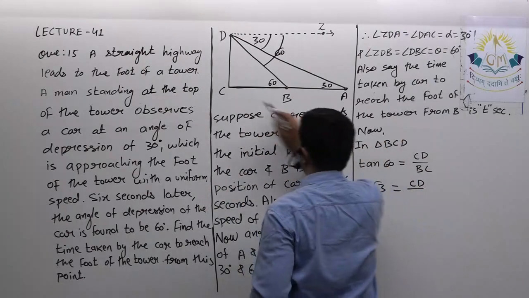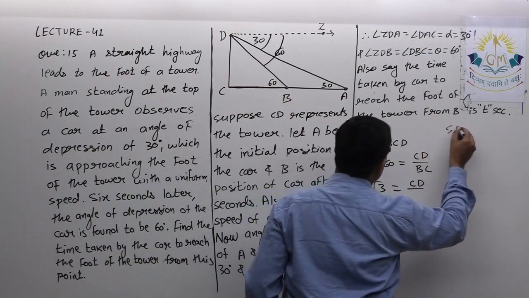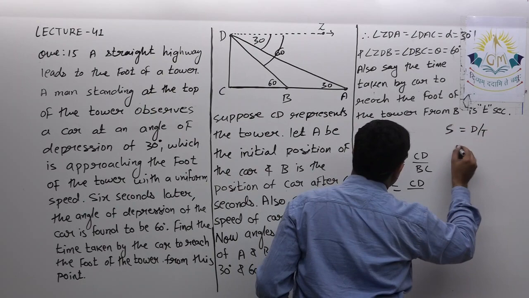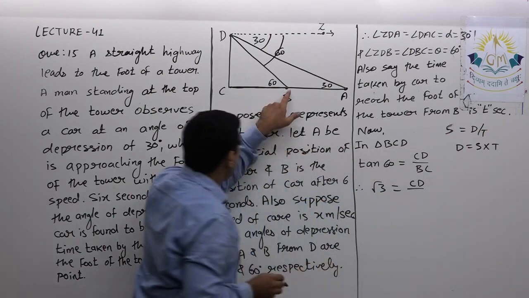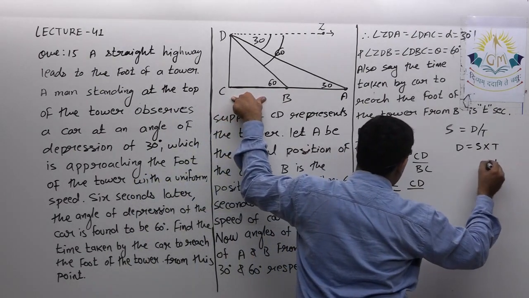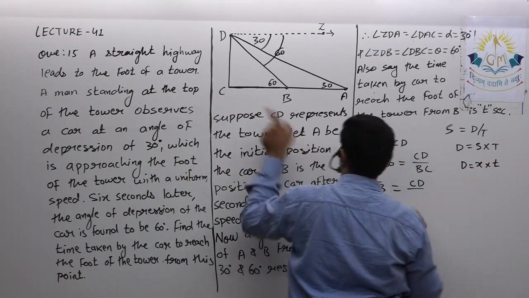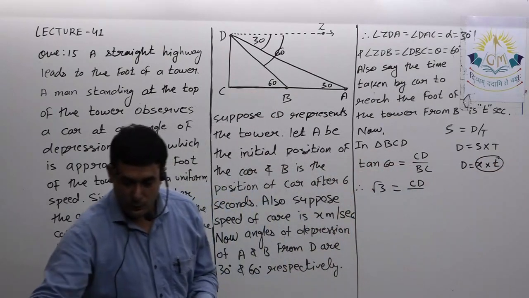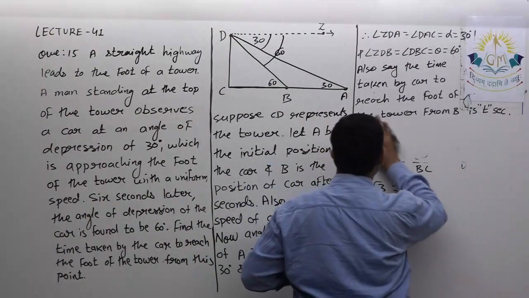See, BC is the distance, and we know that speed is equal to distance upon time. So distance is equal to speed into time, and to travel from B to C, I took time as t and speed of the car is taken as x. So this distance BC can be replaced by xt. Before I proceed, let me find BC and AB in terms of t and x.